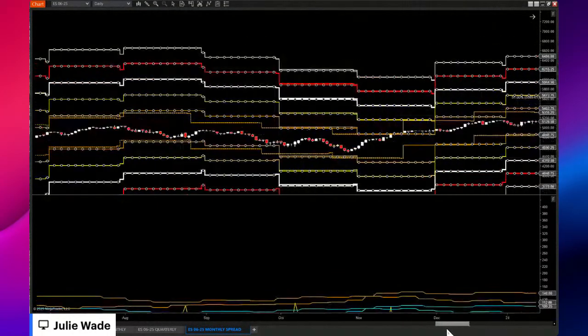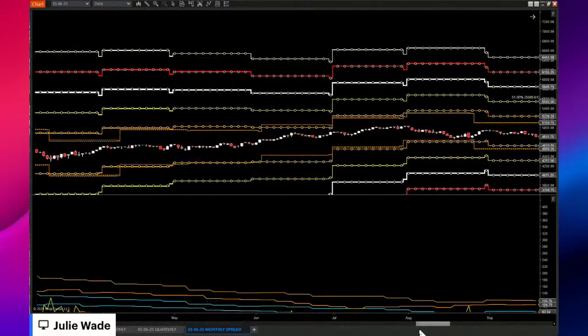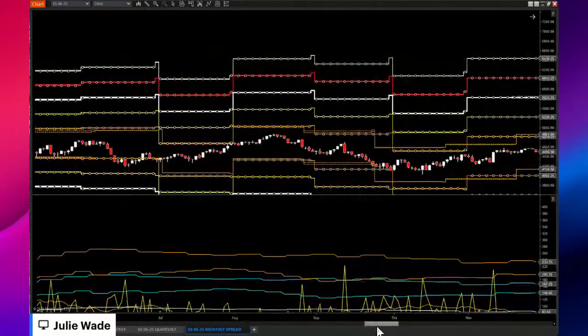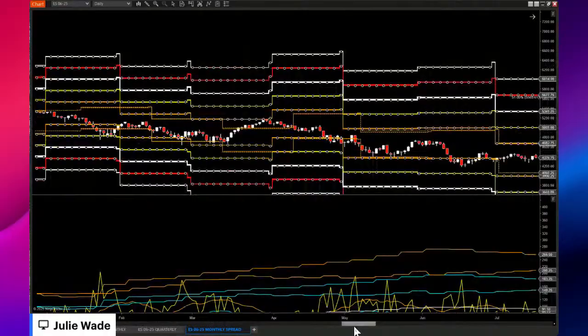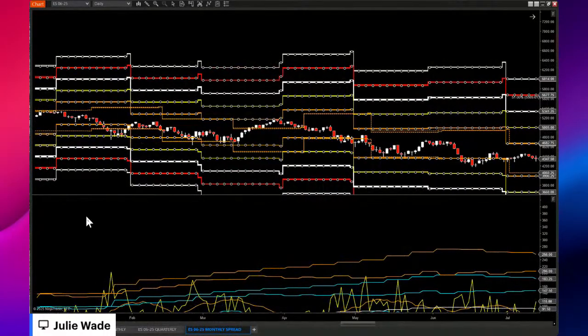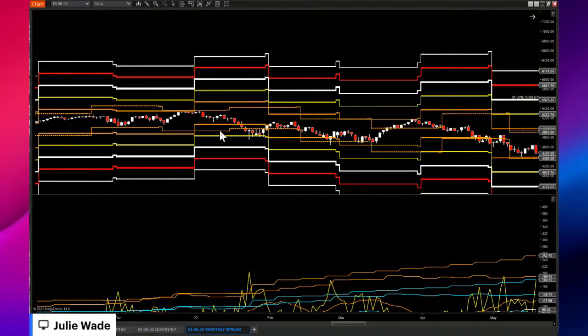In fact, that was the only one. It's rare, and that's why it's respected. Here's another one. It was closer in, but look, it's the same thing. It's the same concept. That's 1.5 times the monthly range, and they're there, the bank algos.